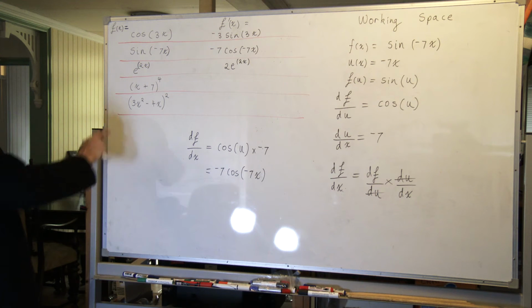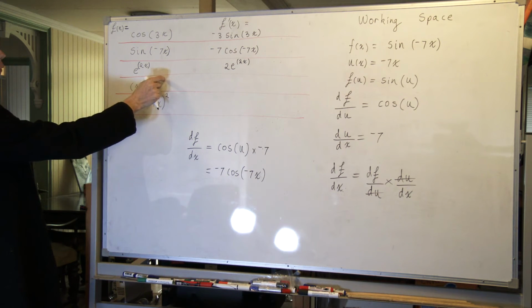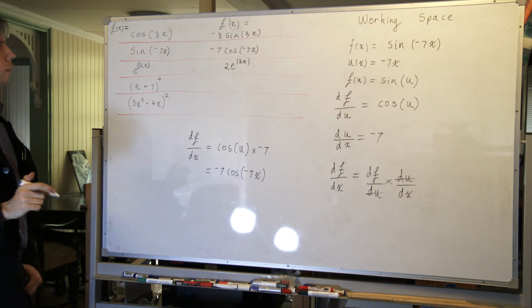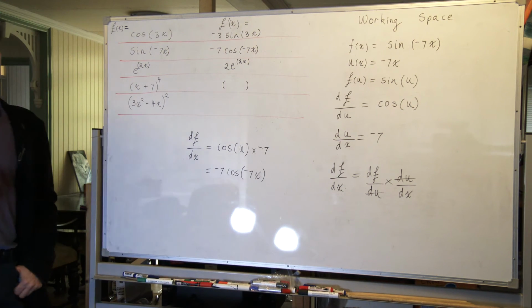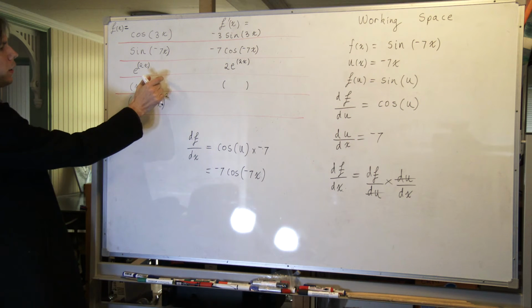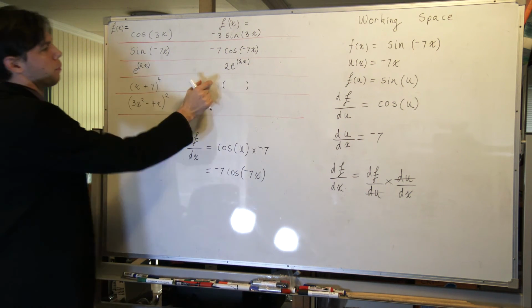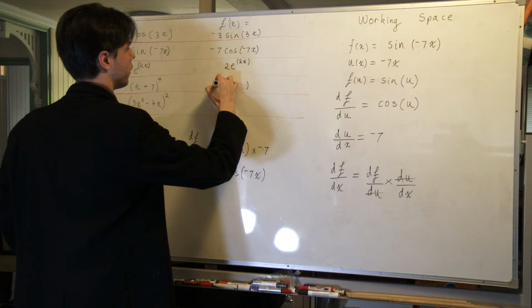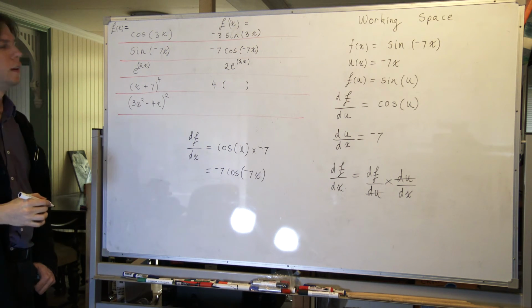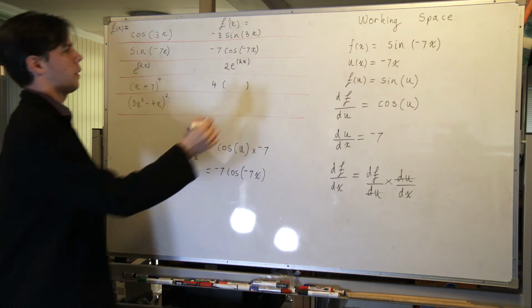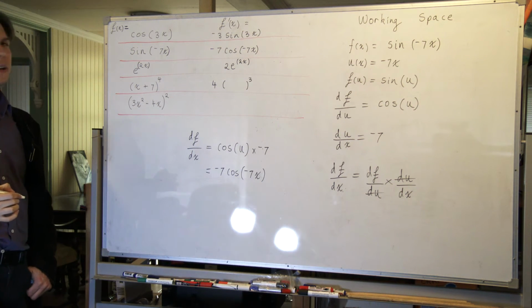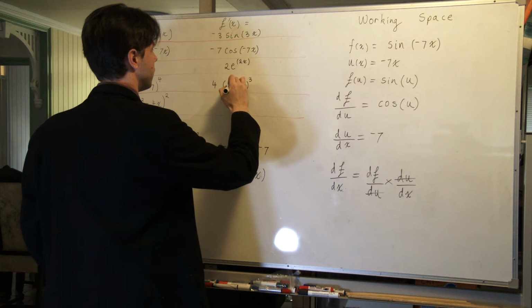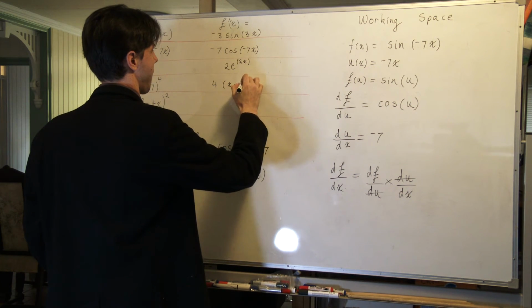Okay, let's look here. We have some brackets, something to the power of 4. So I say, well, if I have something to a power, we use the power rule. We take the power, multiply it out the front, so it's 4 times the stuff, and then we decrease the power by 1, so that power goes from 4 down to 3, and the stuff inside the bracket stays the same.